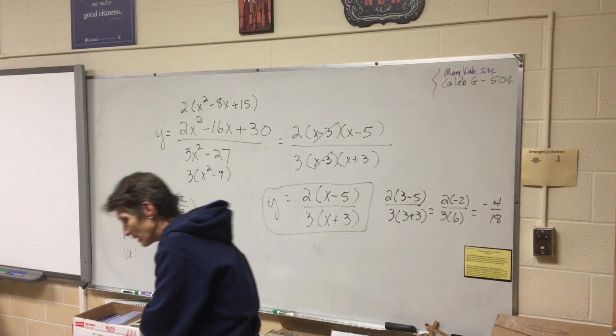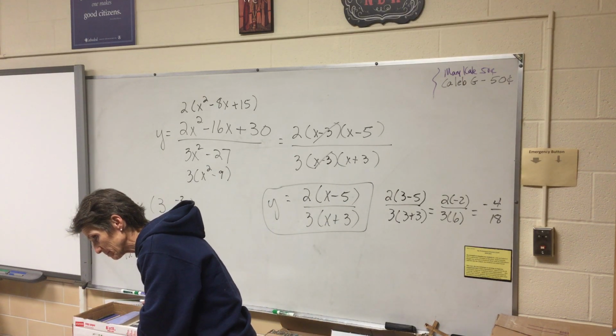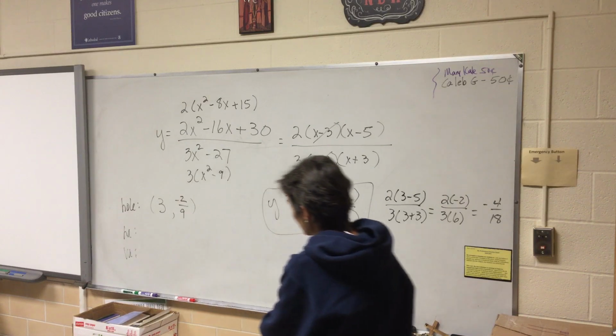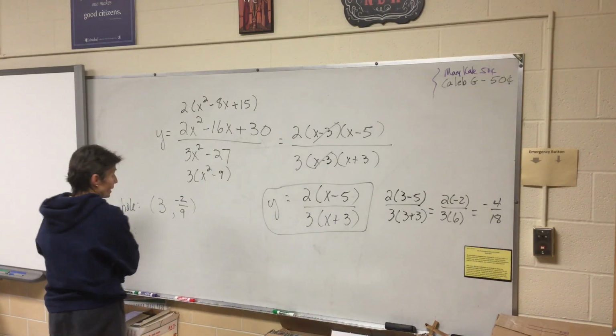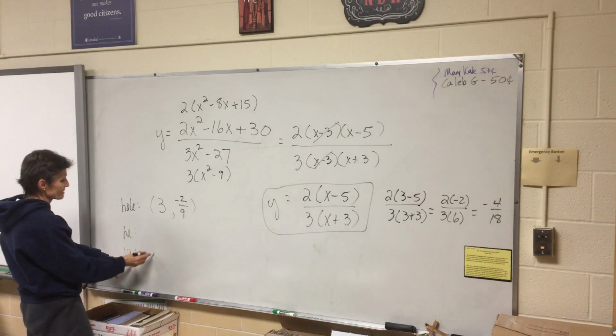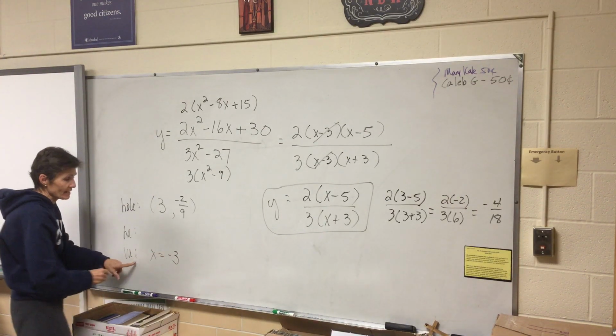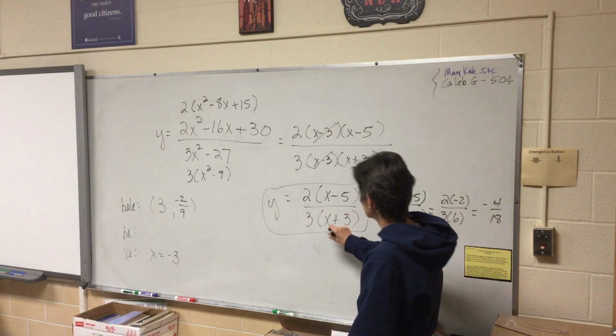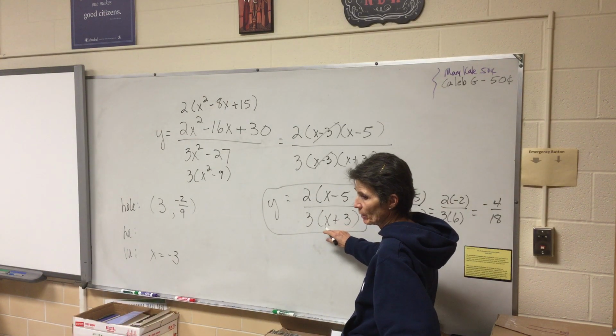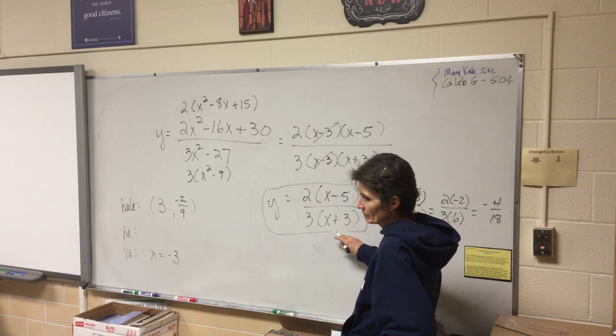Okay, William, are you paying attention? Yeah, look at my notes. The vertical asymptote is going to be x equals negative 3, because the vertical asymptote is what makes the denominator 0. So vertical's the denominator.